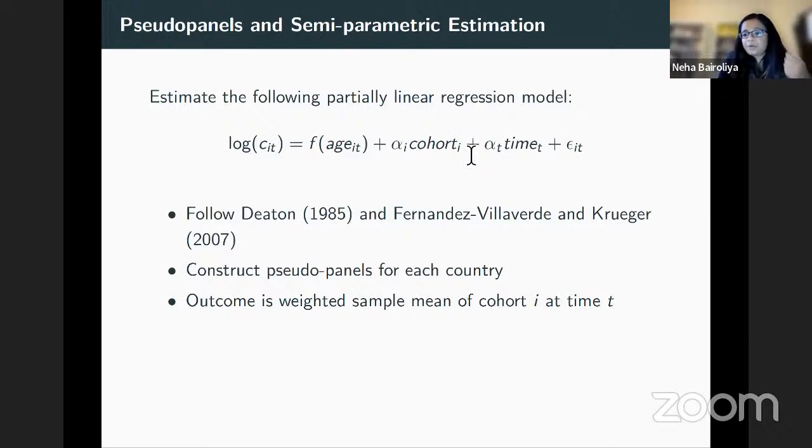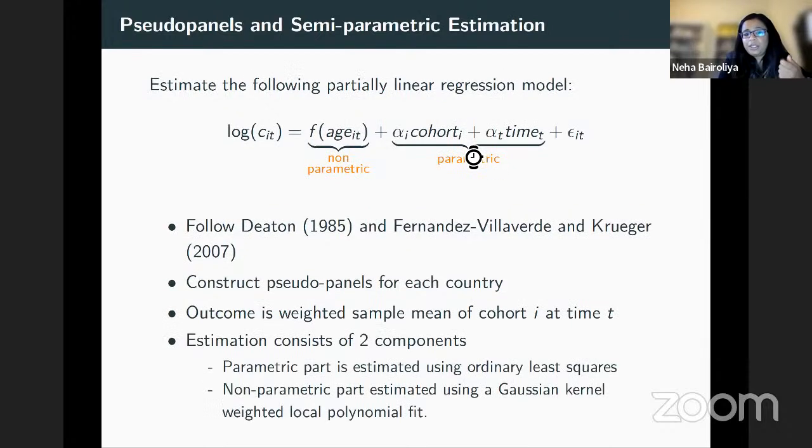Now, there are two components in terms of estimation. The first component is the parametric part, which is the cohort and time dummies that we would like to estimate. This is generally estimated using ordinary least squares regression. And the second part, which is the part of real interest, is the smooth function of age. We would like to estimate this part non-parametrically to allow a very flexible framework.